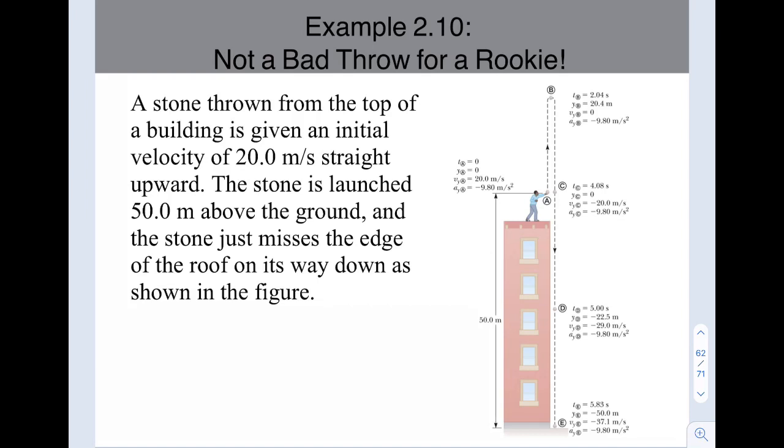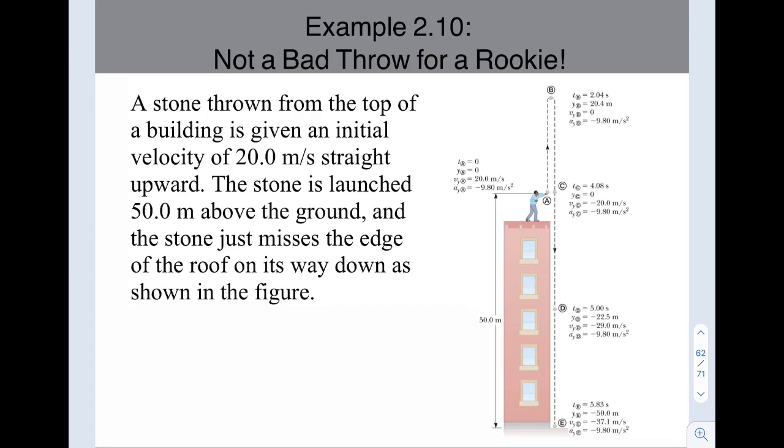So in this figure, the initial position of the stone is already 50 meters above the ground. The moment the stone is thrown upward, it has V initial along the y-axis of 20 meters per second, and the gravity is negative 9.8.